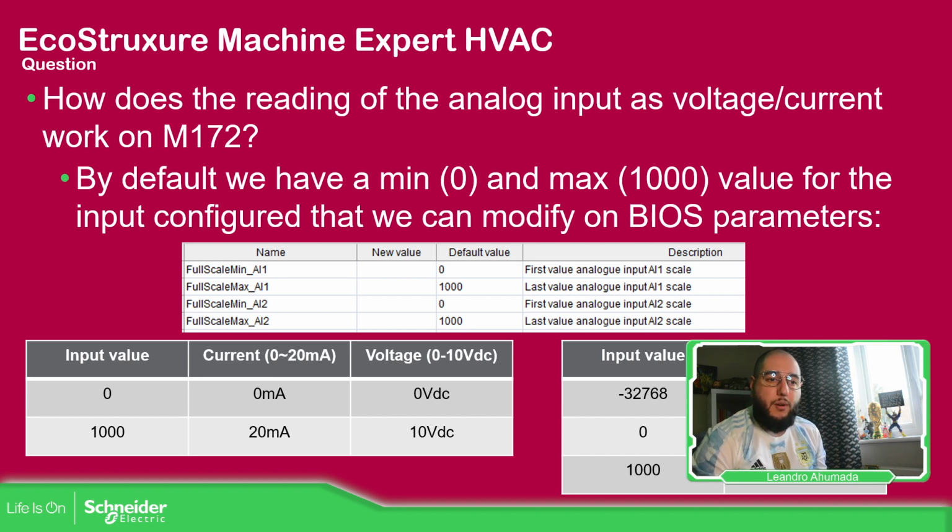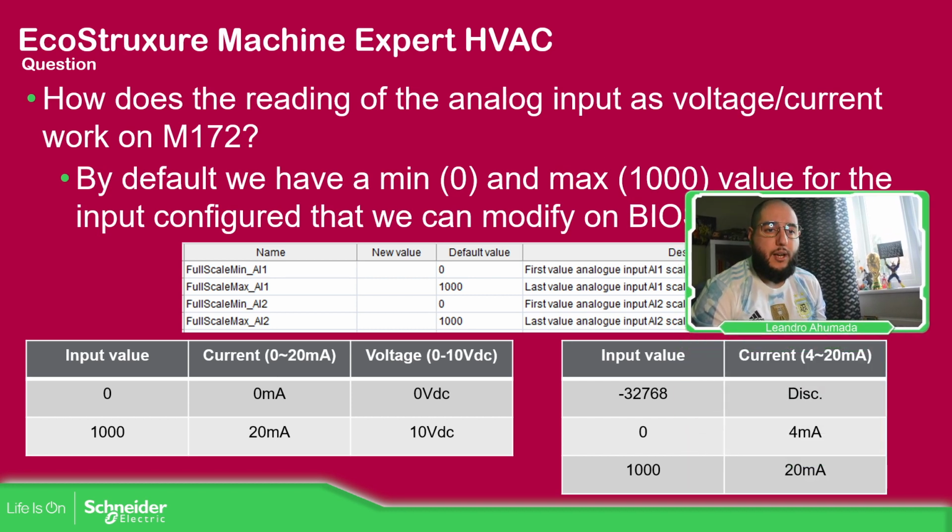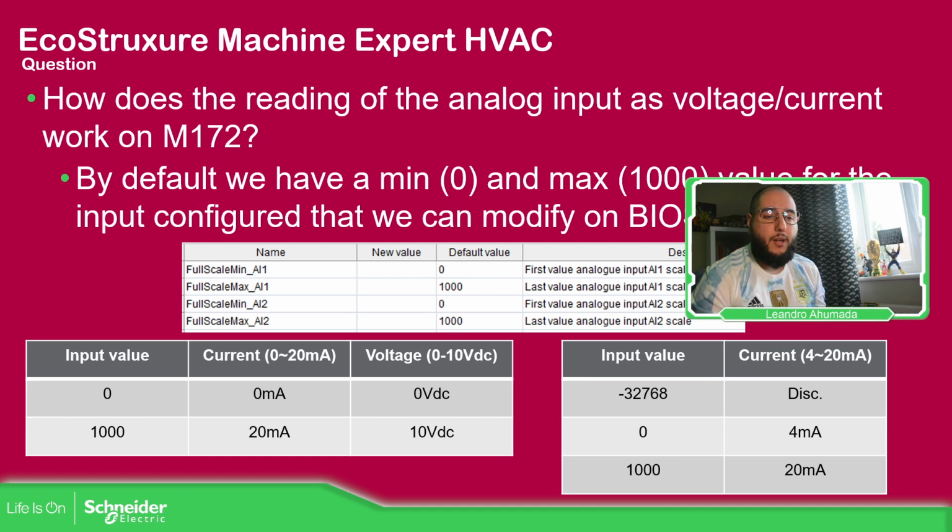Now, you have a different behavior when you use it as 4 milliamps to 20 milliamps, because the value 0 on the PLC will be the 4 milliamps.